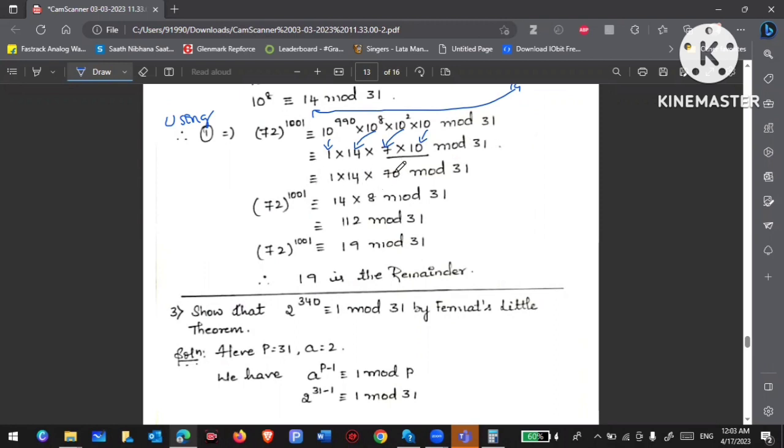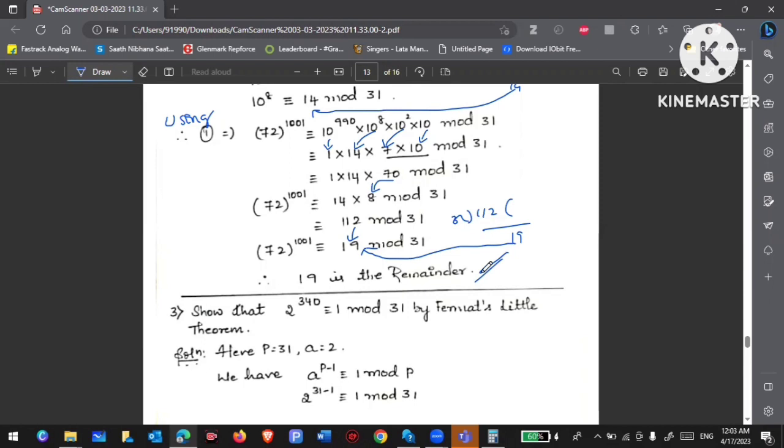So we'll get 14 into 70, and here it's been reduced again. 70 has been reduced to 8. So we get 112 mod 31. 112 is again reduced to 19. Now again the same thing: 31, you'll get remainder as 19, that you substitute here. Therefore 19 is the remainder.